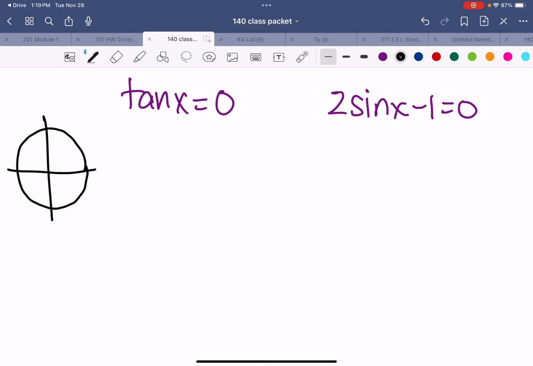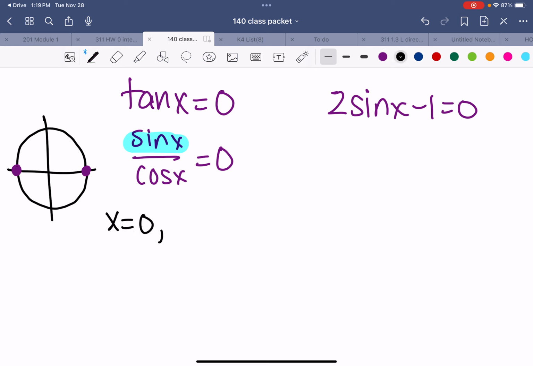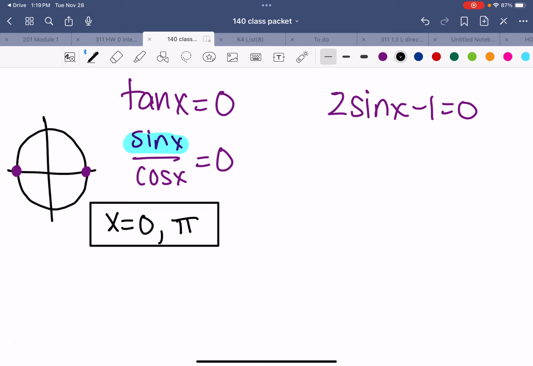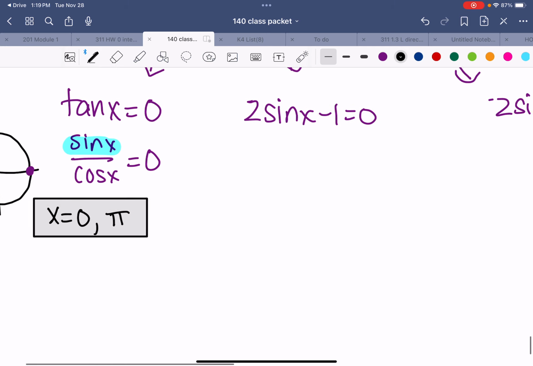Now, tangent is the same as sine x over cosine x. So we need to know when is the sine equal to 0, and that would be the second coordinate, and so that happens here and here. So tangent is 0 when x equals 0 and when x equals pi, right? And now we're not going any further than that, so we're going to stay just with those two values, right? Because we're stopping at 2 pi.